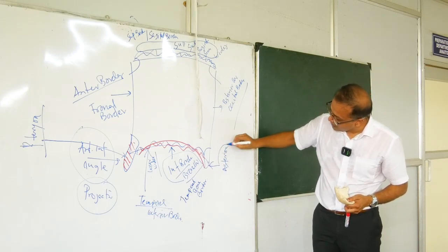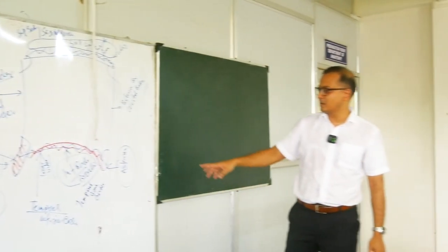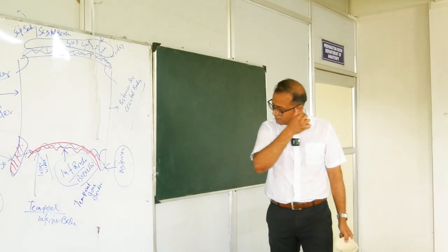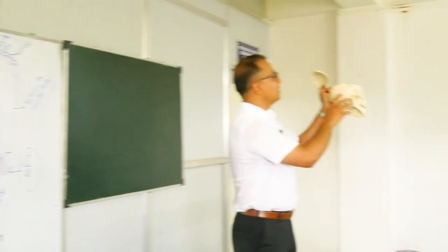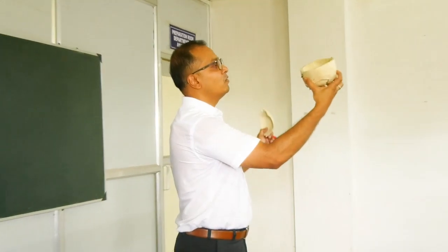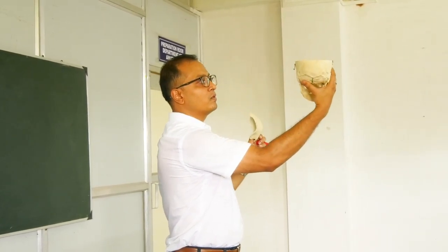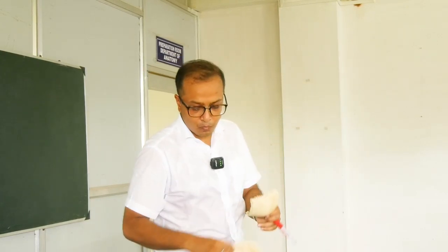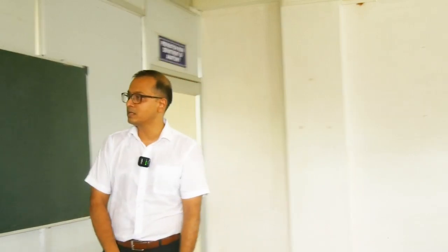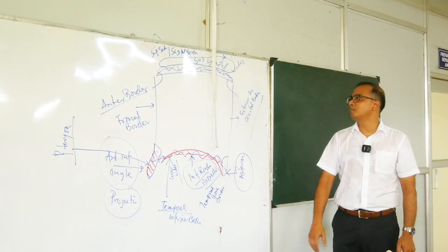So these union points, pterion, asterion, bregma and lambda, we discussed about these bone union points in the previous class as well. So this bone which is joining in the back side over here, we call them as asterion, and this particular point we call them as pterion. So these 2 points related to this bone, anterior inferior and posterior inferior angles, are important.